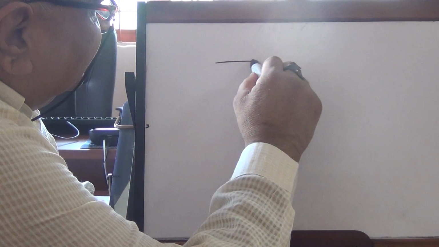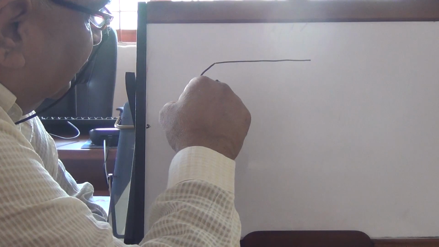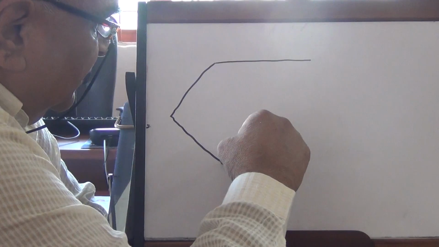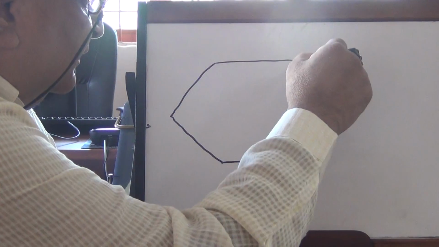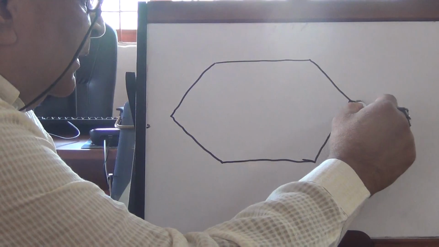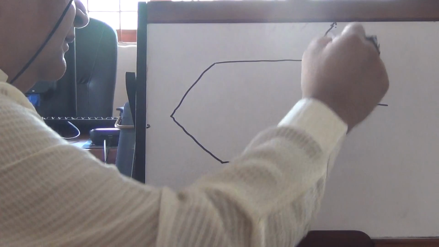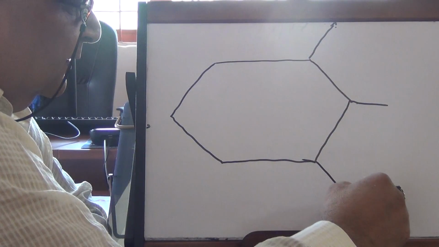The basic unit of the liver is the liver lobule, which is a hexagonal structure like this. And there are other hexagons emerging from it.